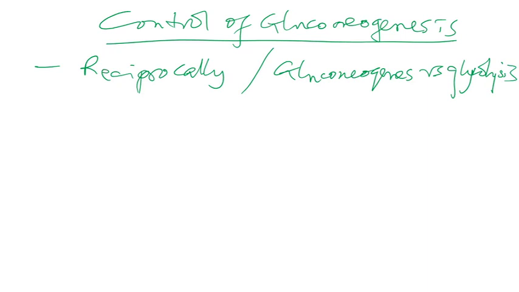When one process is active, the other one is made to be inactive. So when gluconeogenesis goes up, it means that glycolysis is inhibited, and vice versa. And the points of regulation are the enzymes that we've talked about.